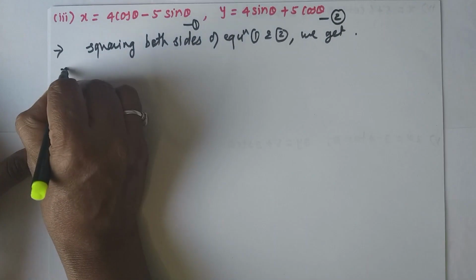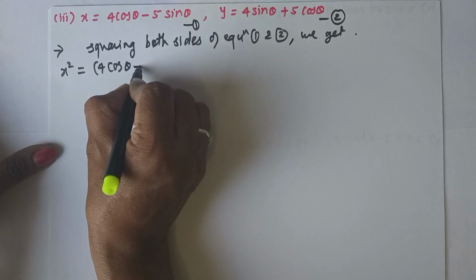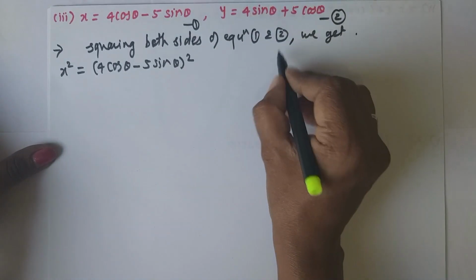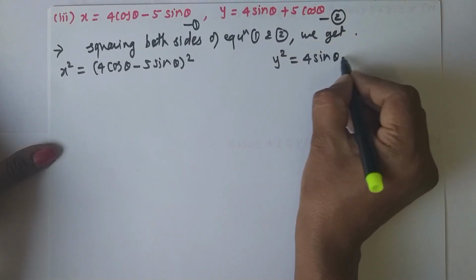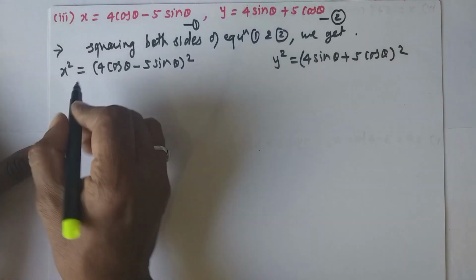Now this will be x square, and this will be (4 cos theta minus 5 sin theta) its square, and this will be y square is equal to (4 sin theta plus 5 cos theta) its square. Now what will be this?